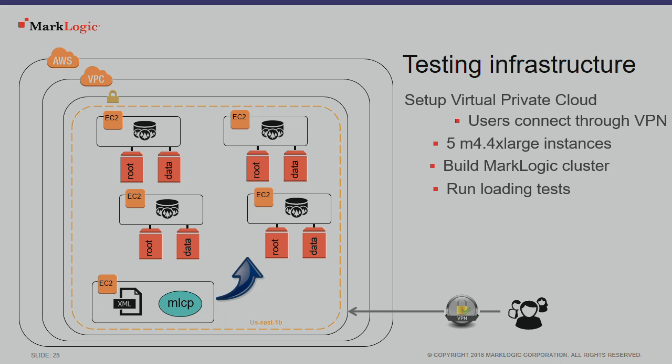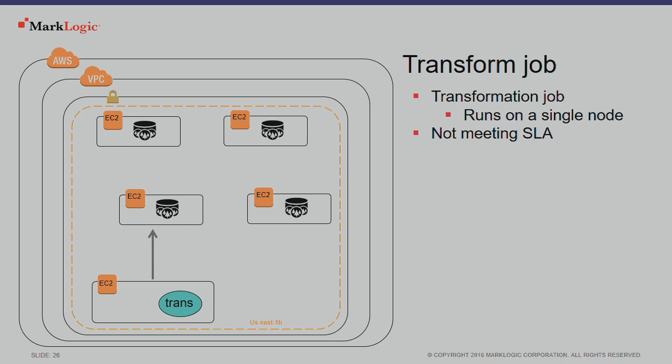Everything was in the cloud, in this own private testing environment. They found that they were able to meet their SLAs. There was a big sigh of relief, because the hardware was matching what they needed and everything was okay. But there was one other issue that we found, and it was the transformation job.